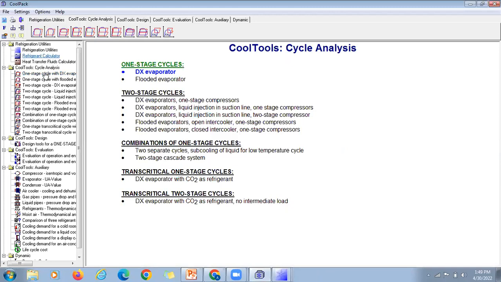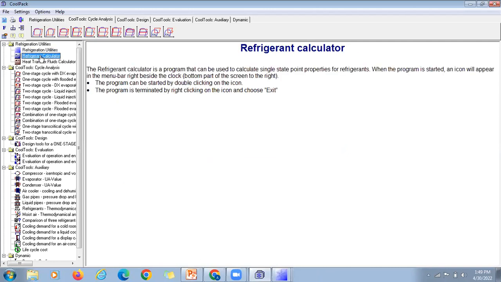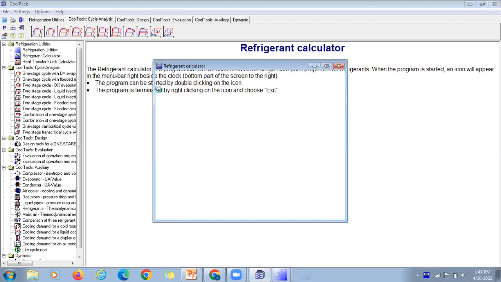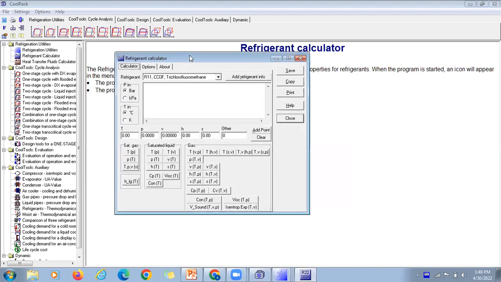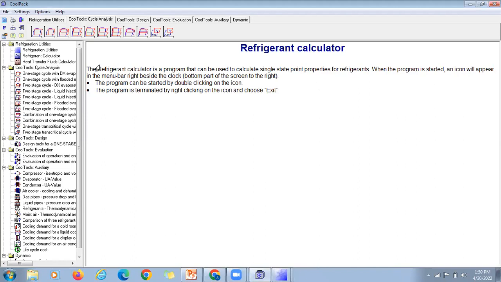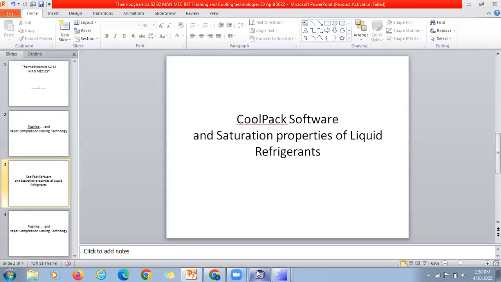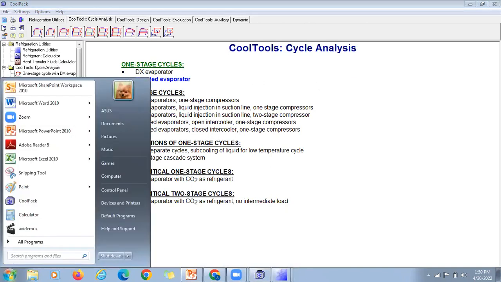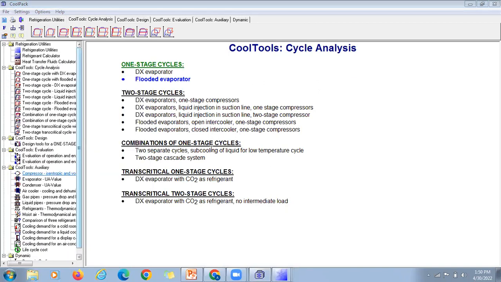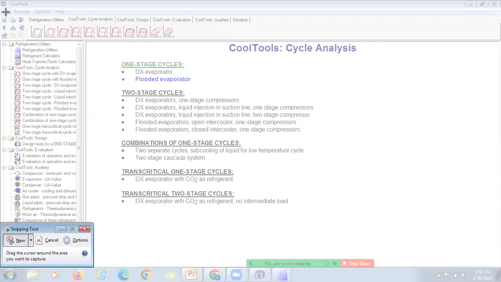Even the refrigerant calculators, see here, refrigerant calculators. This is to find the properties and all. You can explore this. Anyway, this is a free software. Later we will use this data whenever we need.